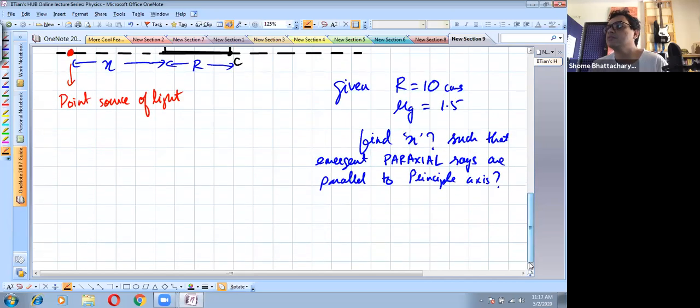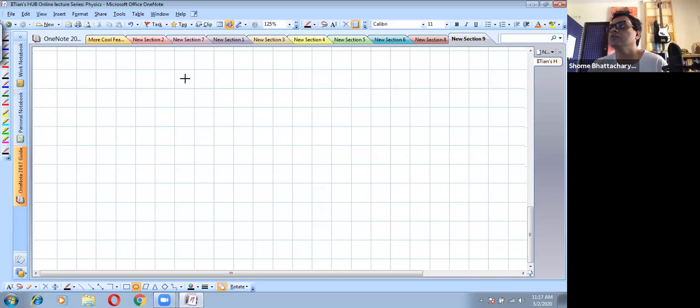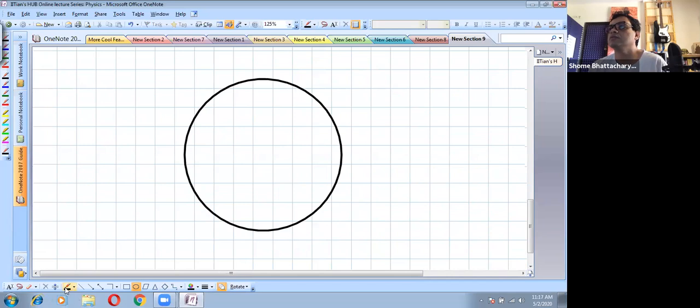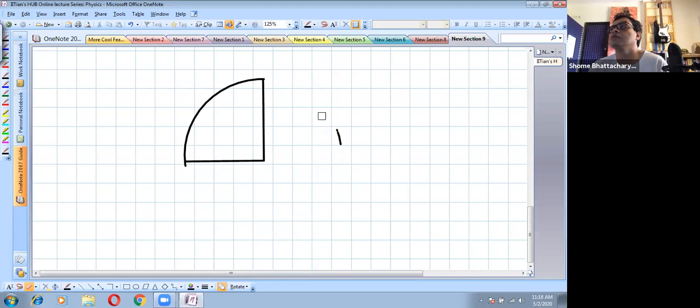Okay, so continue working on this. I'll just work on the ray diagram. So here what we want is that a ray of light which is incident over here.